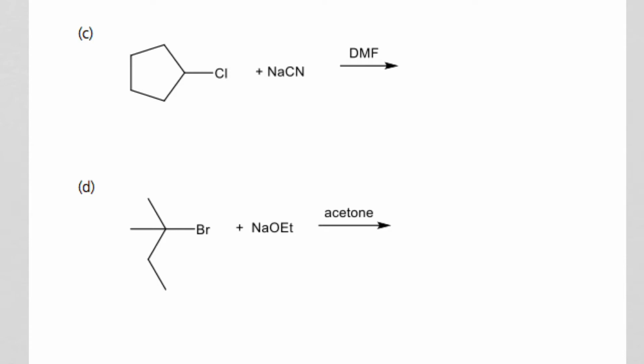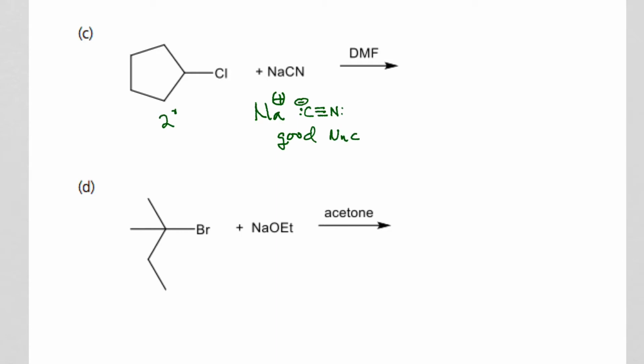Once again, we've got a secondary electrophile, same one we had above. Now we have sodium cyanide as our nucleophile, which I've redrawn there. And cyanide is the conjugate base of a relatively weak acid, and it is a good nucleophile.